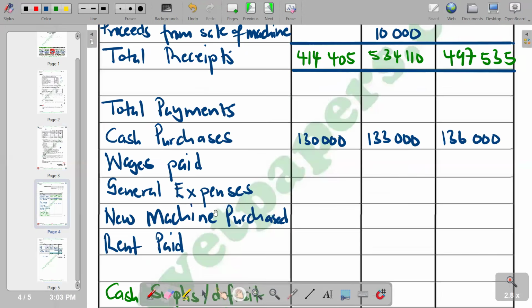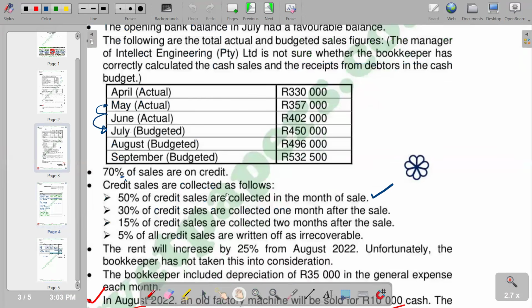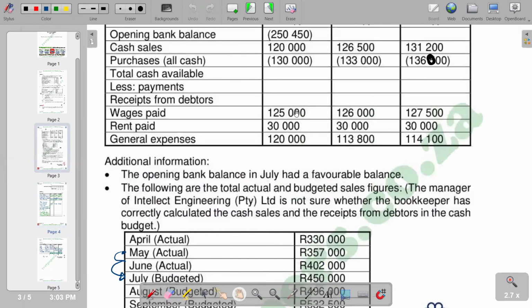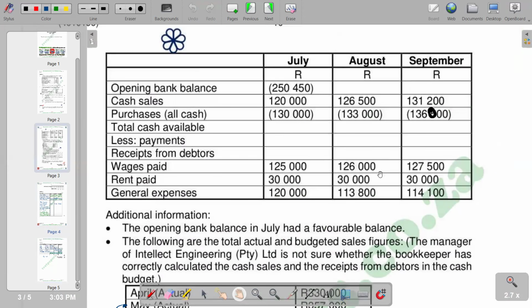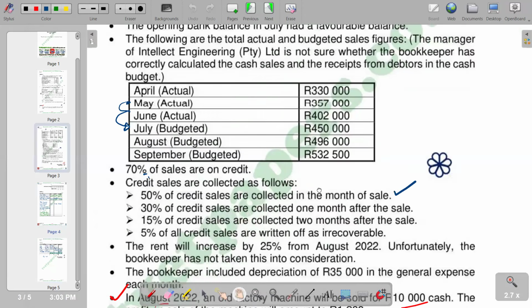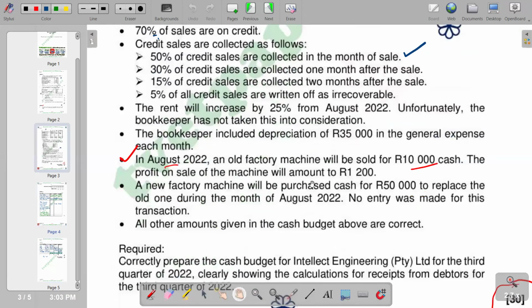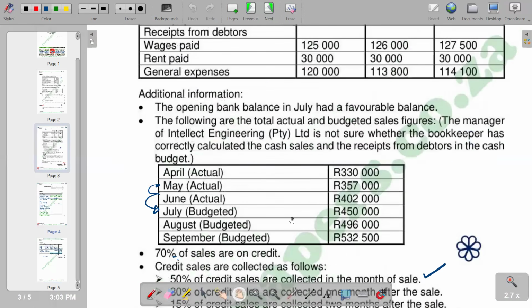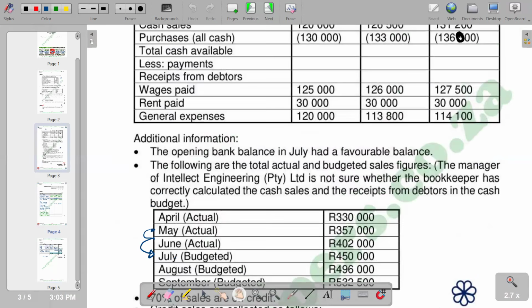And then we check in terms of the next one, which is wages paid. So in terms of wages again, we see that we are given wages paid is 125,000 for July, August 126,000, September 127,500. We go to additional information, see that we've got nothing that we are told of the wages. So it means the figures that we are given here are correct. So we are just going to transfer the figures that we are given as wages paid.